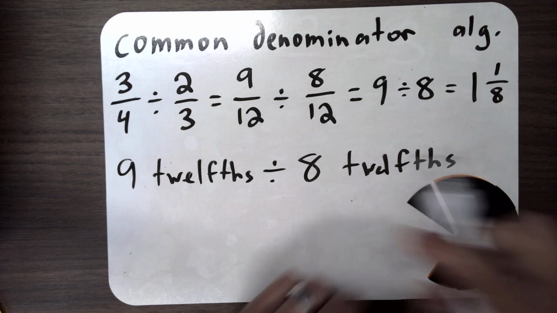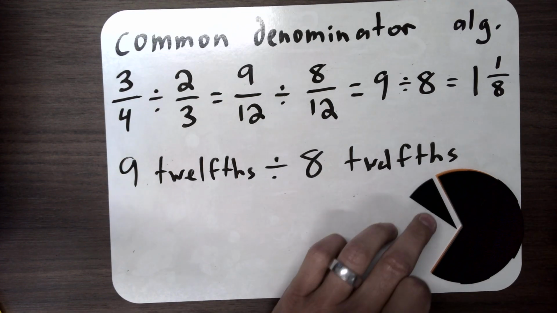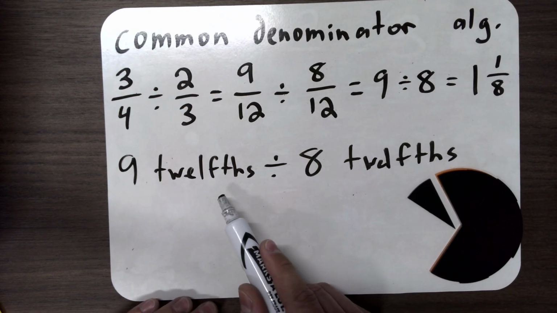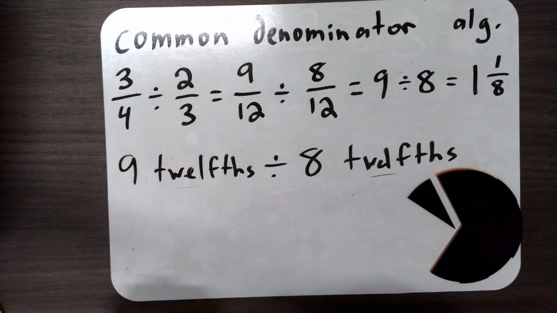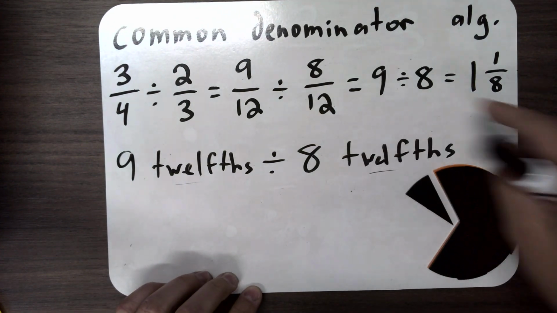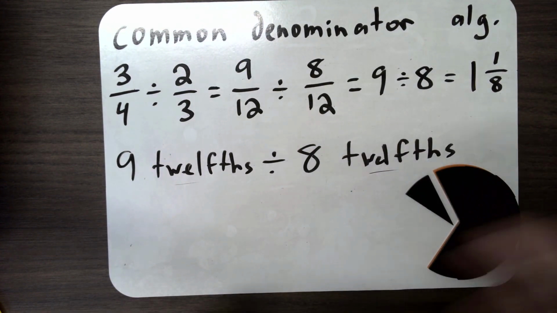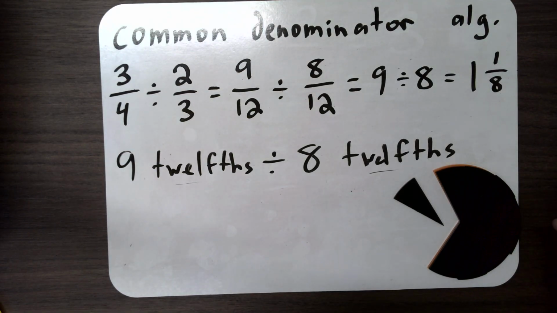Since we have the same size parts in our dividend and our divisor, we can think of that as 9 divided by 8, and we're just keeping this label of 12ths as we go along. That's why we're able to think of this as just 9 divided by 8, and that would be equal to either 9/8 or 1 1/8.